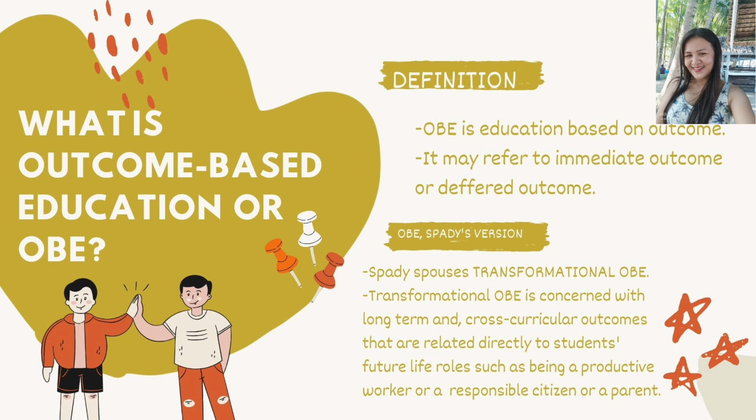That is why it is necessary in transformational OBE that learning outcomes should comprise the knowledge, understanding, skills, and attitudes that learners should acquire to enable them to reach their full potential and lead successful and fulfilling lives as individuals, as a member of a community, and at work.